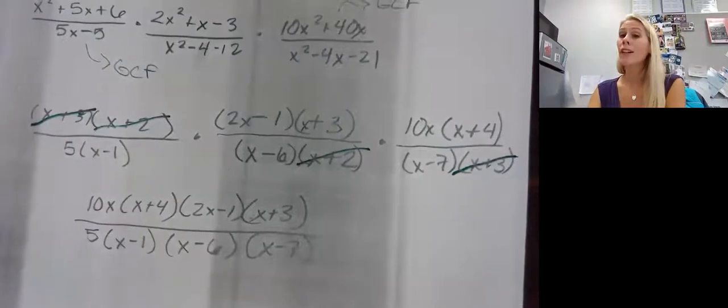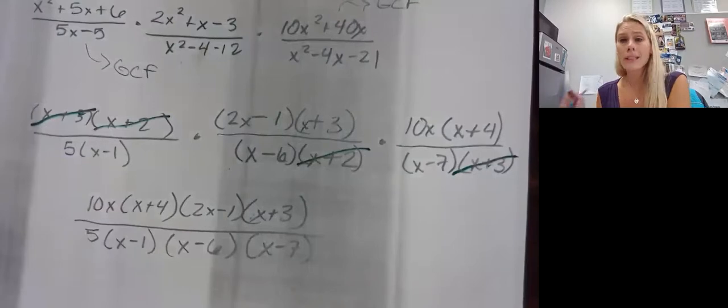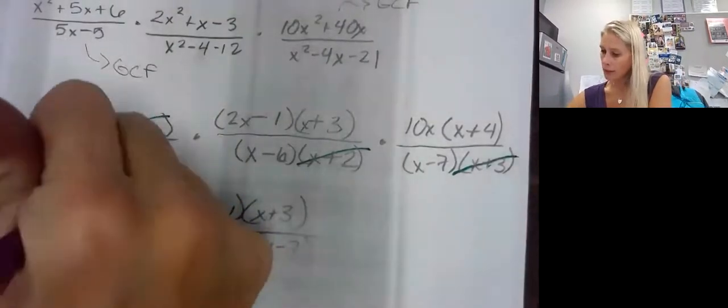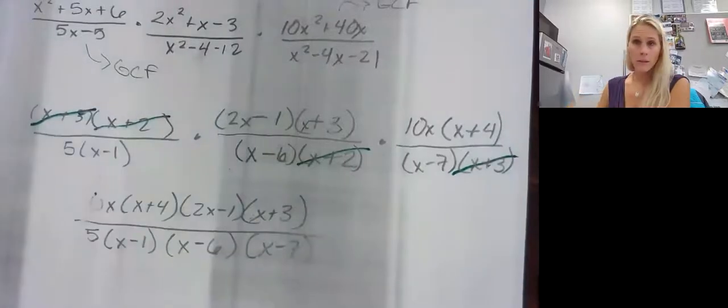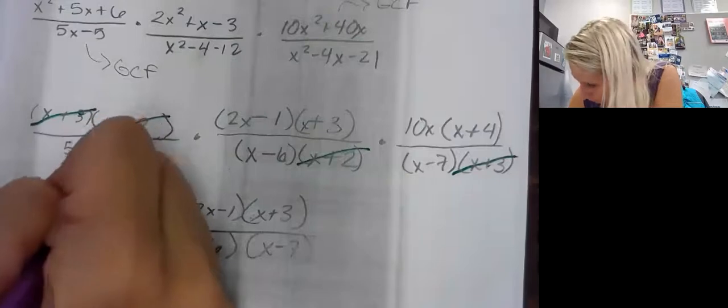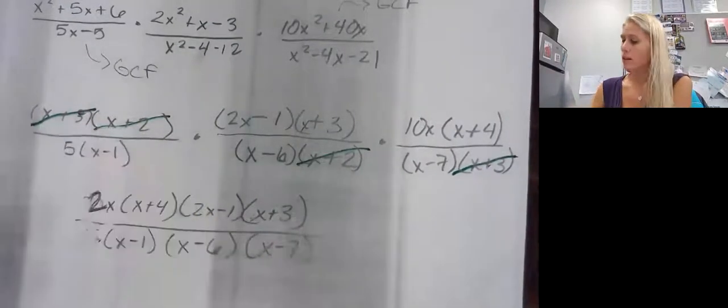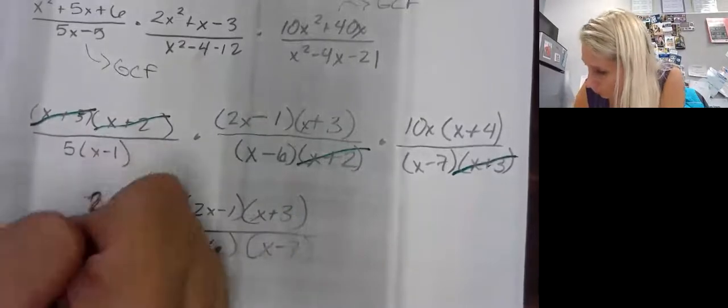This is not simplified all the way yet because look at that 10 and that 5. What goes into both of those? 5. How many 5s go into 10? 2. How many 5s go into 5? 1. You don't have to put the 1 out if you don't want to.